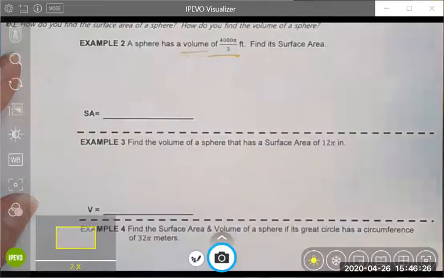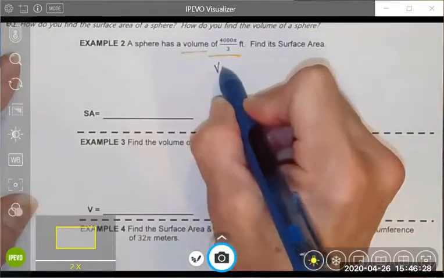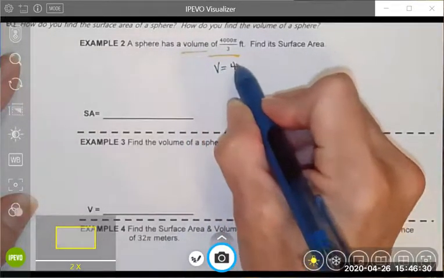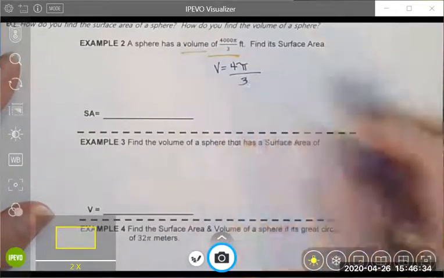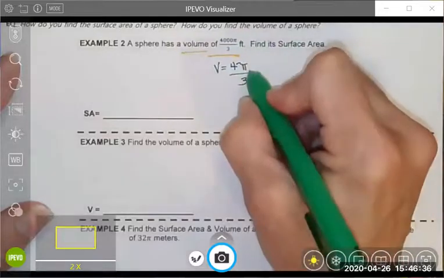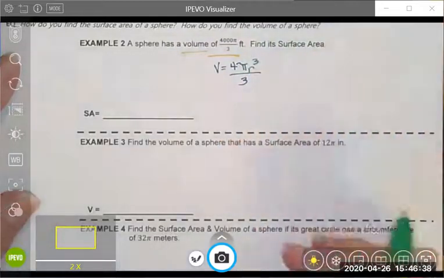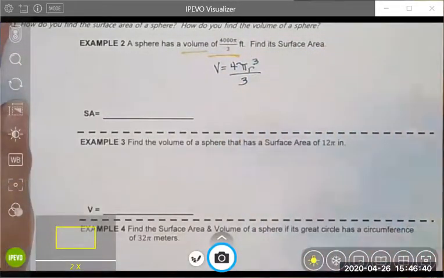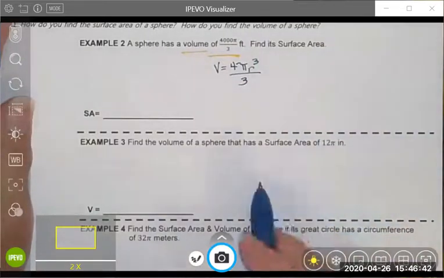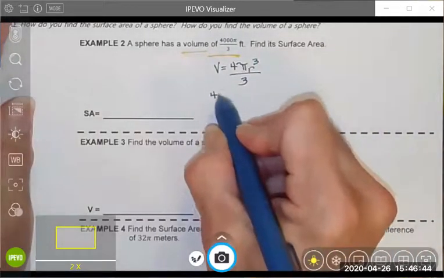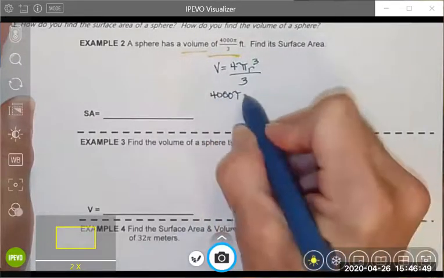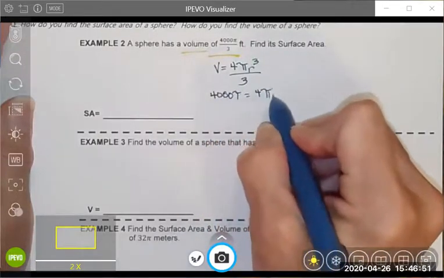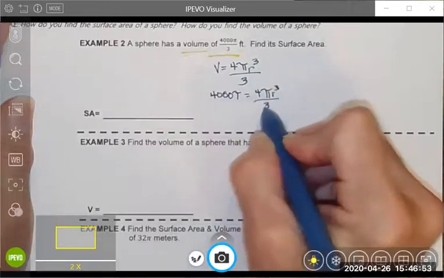So let's write down what our volume formula is. It's 4/3 pi r cubed. Again, I'll put the 3 in the denominator just to make our life more interesting: 4 pi r cubed divided by 3. And I'm going to substitute in what I do know, in this case, that 4,000 pi is equal to 4 pi r cubed over 3.